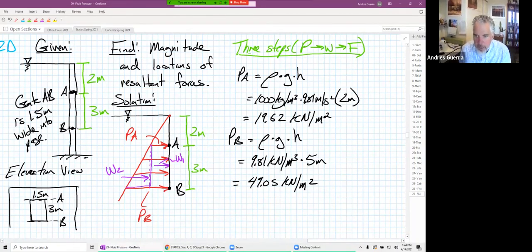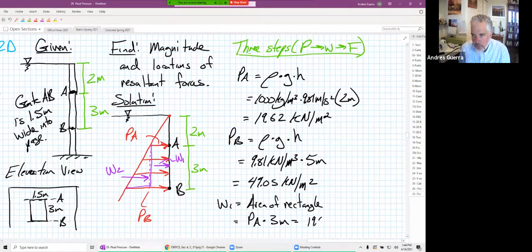And we can find W1 is just going to be equal to the area of the rectangle. Isn't it just going to be PA times 3 meters? And so we'll end up with 19.62 kilonewtons per square meter. If you're getting lost too in fluid pressure, keep track of those units.